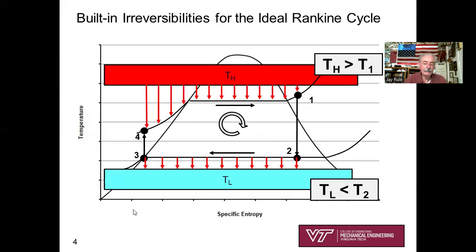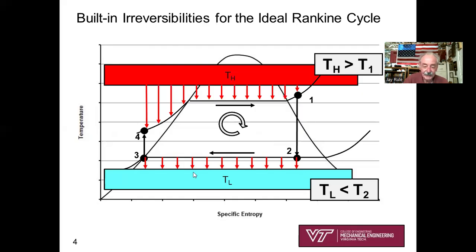As a reminder, remember that there are some built-in irreversibilities associated with the basic Rankine cycle, and I've tried to depict in this slide the heat transfer across a finite temperature difference. And so this image sort of depicts the real world, where in your boiler furnace, you've got to be operating at a temperature higher than T1 to get heat transfer up to T1.